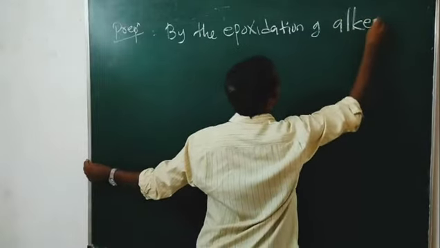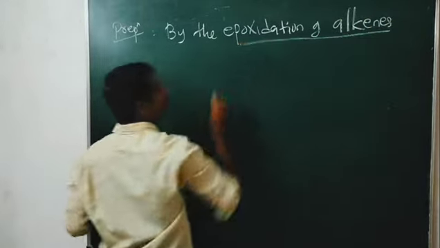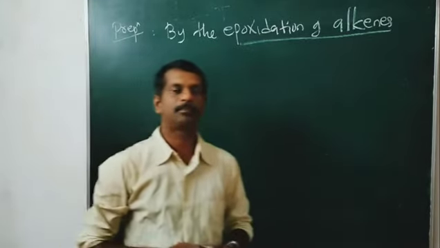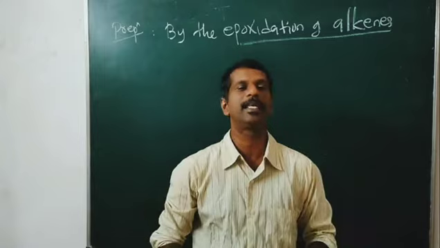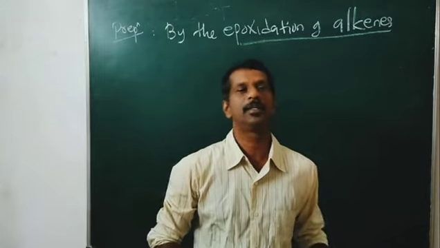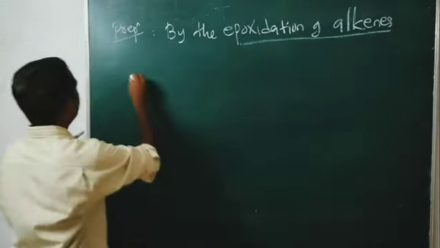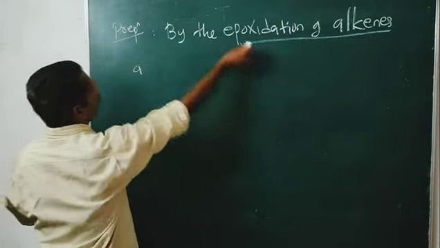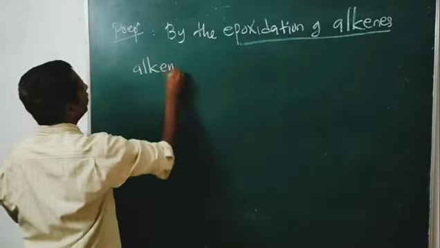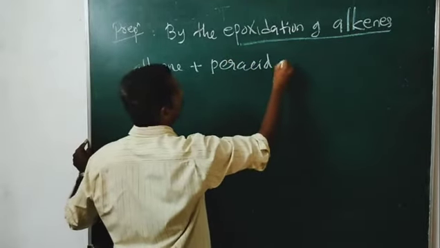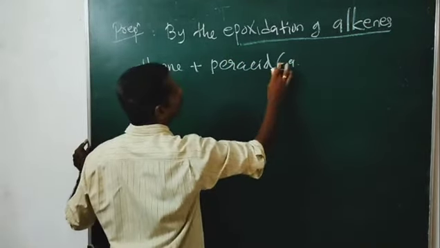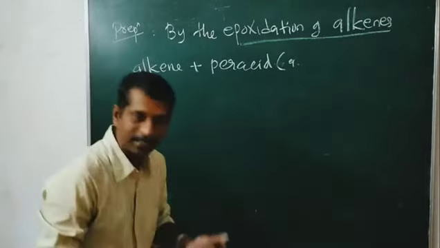That means when alkenes are treated with a peracid, like perbenzoic acid, peracetic acid, etc., we get epoxides.